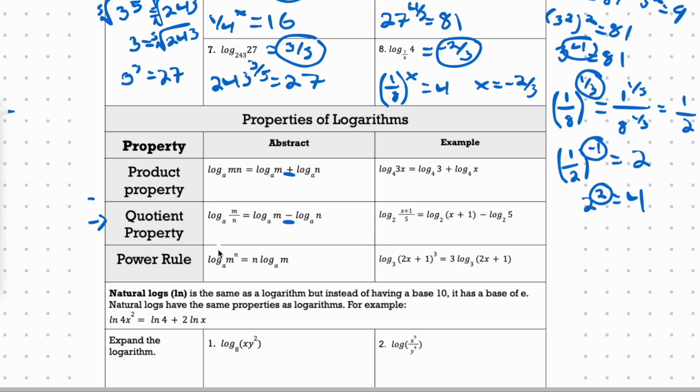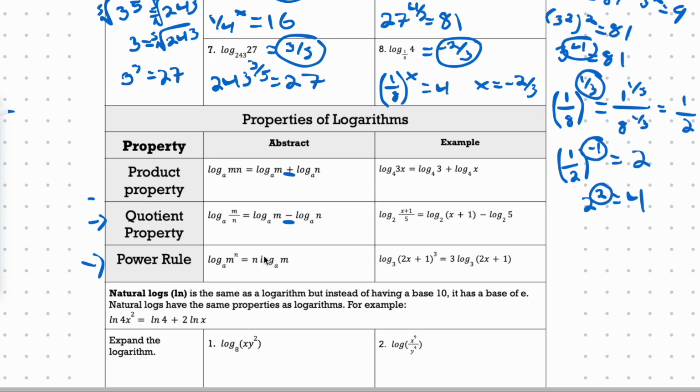Now, the power rule is something where, sometimes initially, it may not seem so obvious. You may not initially notice it, but as you work more with logarithms, eventually you'll become super comfortable with it.